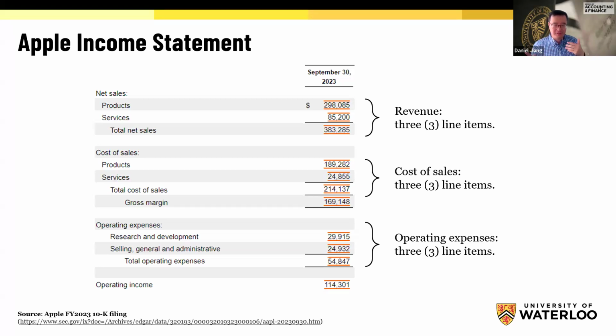For example, this is part of the income statement from Apple's 10K filings. So Apple breaks down both its revenue and the cost of sales into a product component and a service component. And Apple also reports two types of operating expenses. One is R&D expenses, the other one is SG&A expenses.